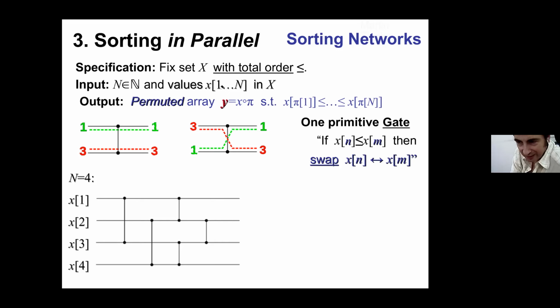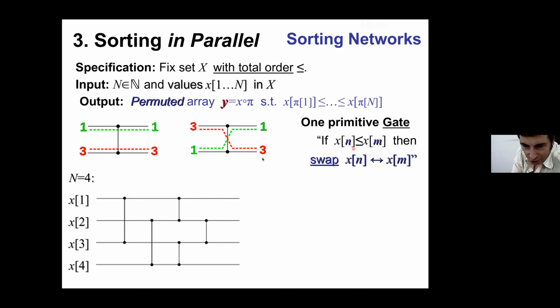So in this example here, I'm taking n equal to 4. I want to sort 4 elements of the data type X, where I'm using comparison.